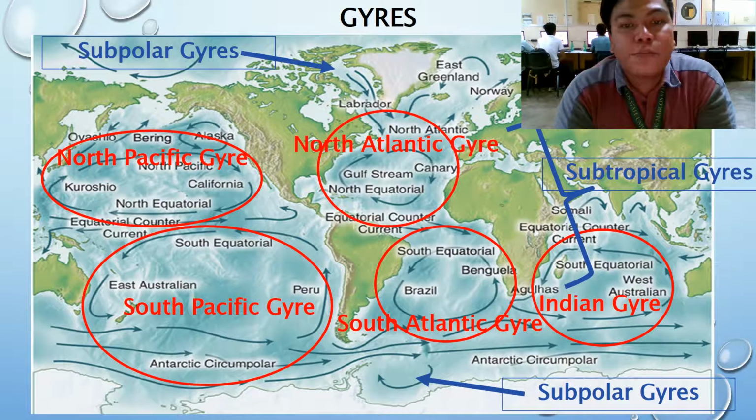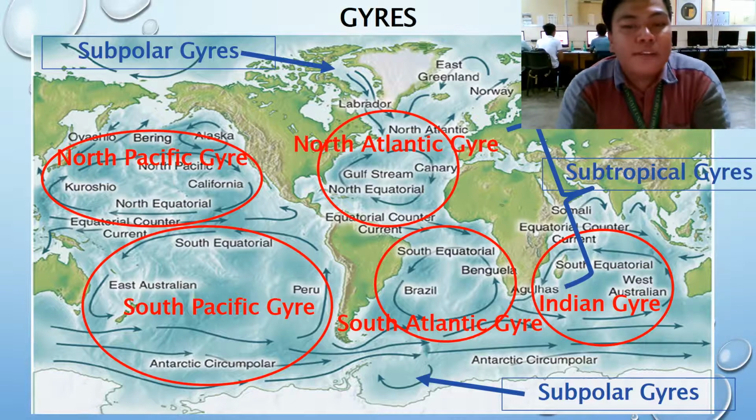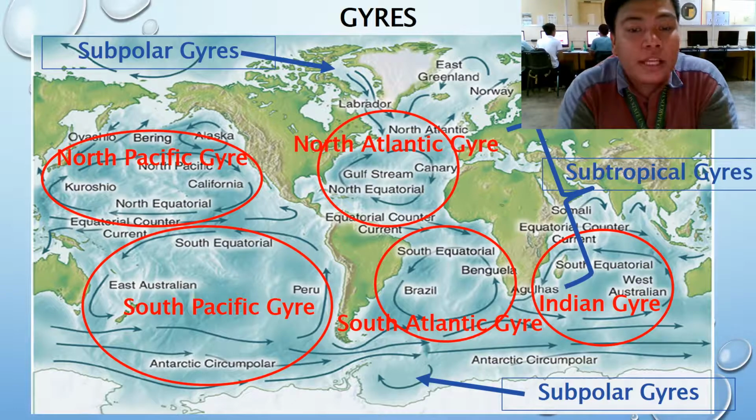Now let's talk of the gyres. Gyres arise from encircling currents, and we have 5 major ones generally called subtropical gyres. We have first the North Pacific gyre, the South Pacific gyre, the North Atlantic gyre, the South Atlantic gyre, and the Indian gyre. We also have subpolar gyres located along the north and south poles of the globe.